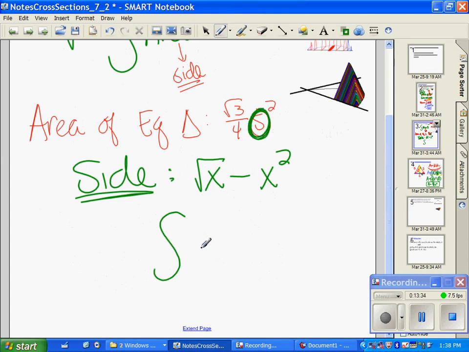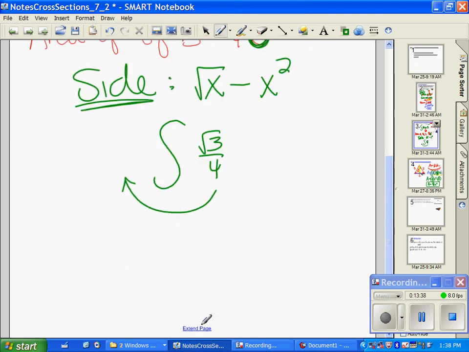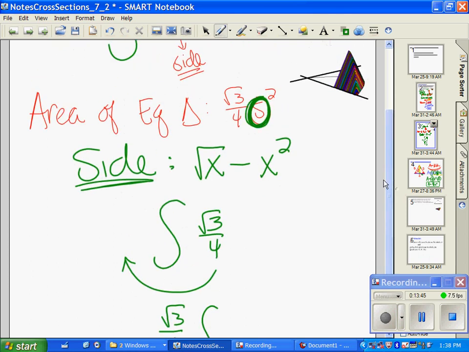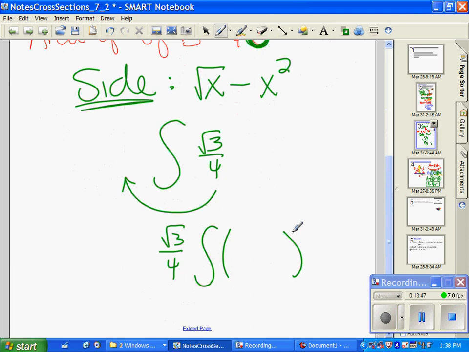So √3 over 4, do you want to leave it here or move it on the outside? Most of you like constants on the outside, so I'll write it there. And then side squared: √x minus x squared, dx is my width.